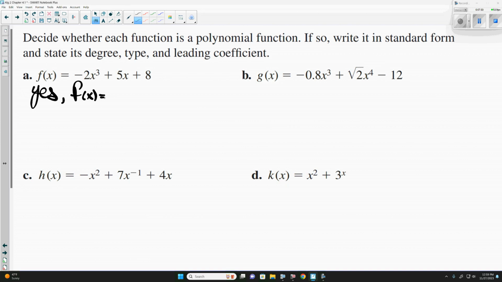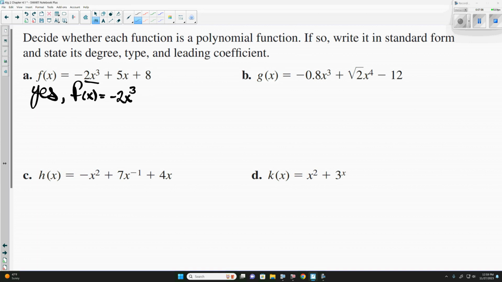Standard form, the variable with the biggest exponent goes first, and then we go in decreasing order. So the variable with the biggest exponent is negative 2x to the third. X to the third is the biggest one. So after that would be x squared. Do we have an x squared term? No, we don't have to add it in.